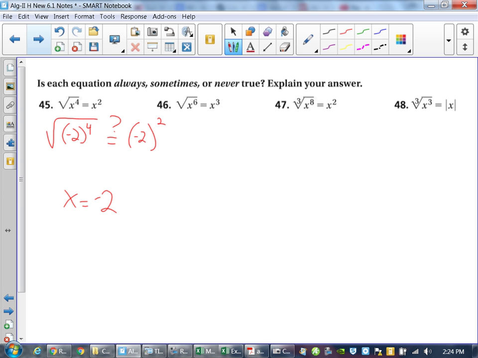Well, what's negative 2 to the 4th? 16. What's the square root of 16? 4. And then what's negative 2 squared? 4. Did it equal the same? Yeah, it works. So always. Well, show me one that doesn't.